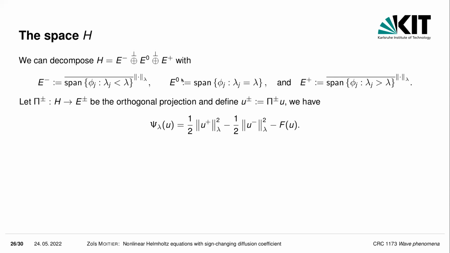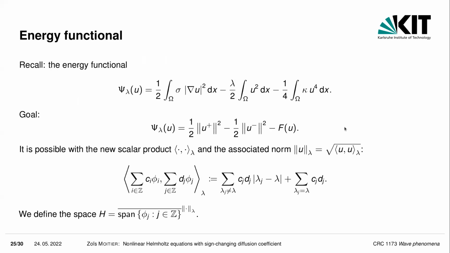E0 can be just 0 if no lambda j equals lambda, but here you can have something or nothing. And E plus is the one where lambda j is greater than lambda. Then you take the projection from H to this plus or minus, so basically you just project into these two spaces. You define A plus as the projection of U in this space. And then it's a straightforward computation to show that this line is equal to this line.